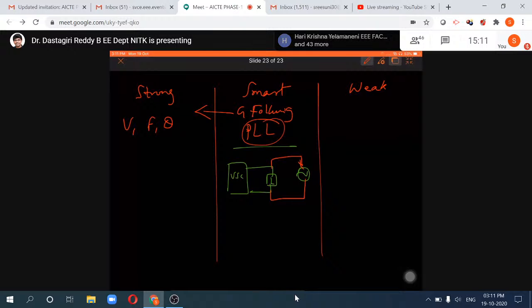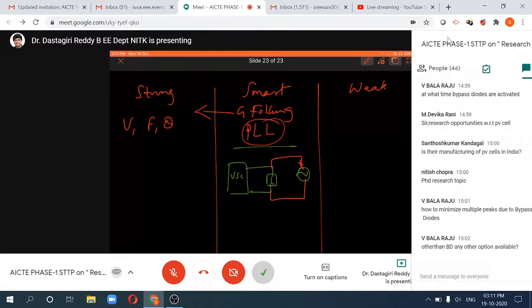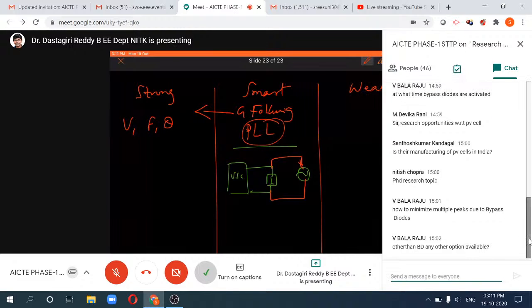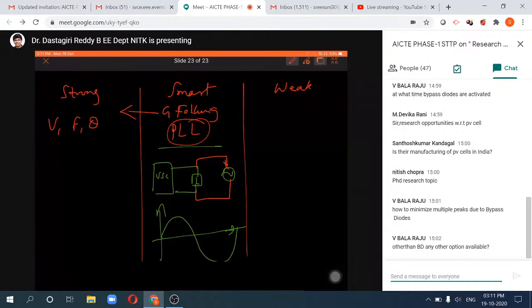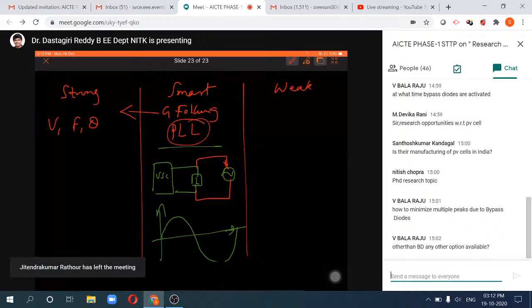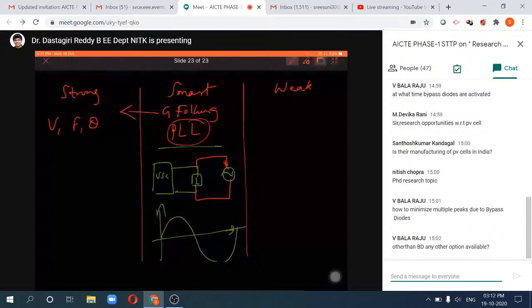Any question, any answers? When the converter is already feeding a load, and now you want to switch over to grid following mode from grid forming mode. I mean, you are the one maintaining the voltage and frequency and feeding a load, and now suddenly the grid comes into the picture and you want to go and join the existing grid.